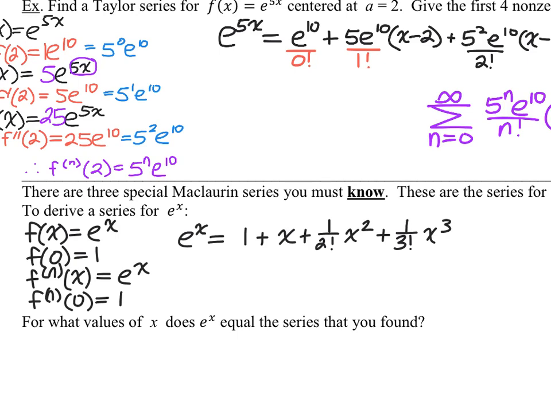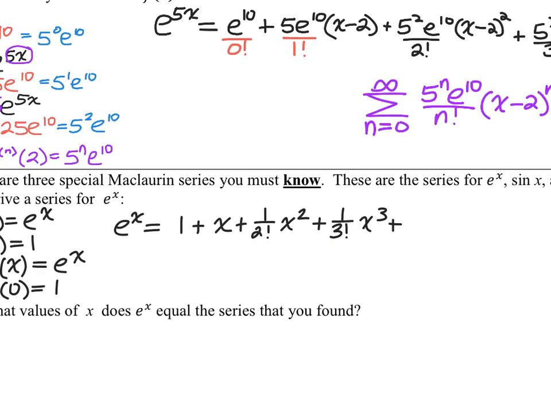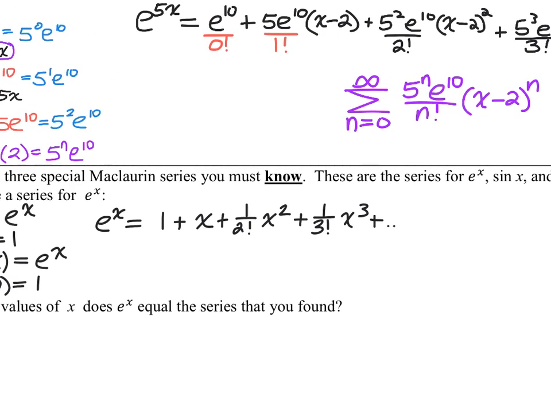All right, so what I just need to do is come up with the nth term of this, which would be 1 over n factorial x to the nth. Just like the last one, the factorial is consistent with the power.